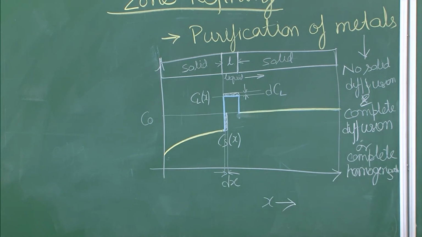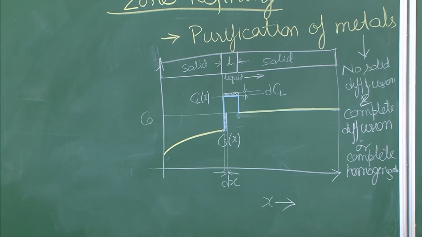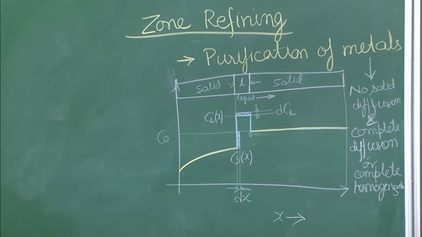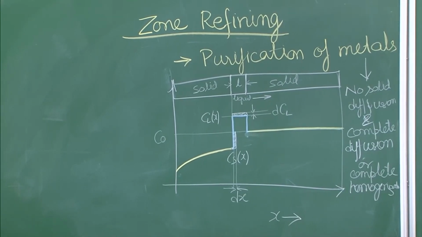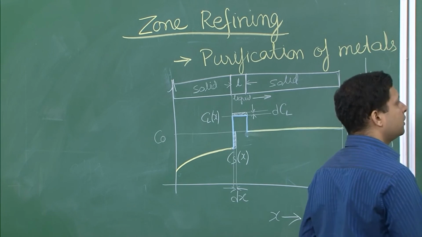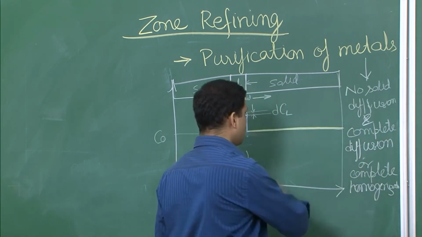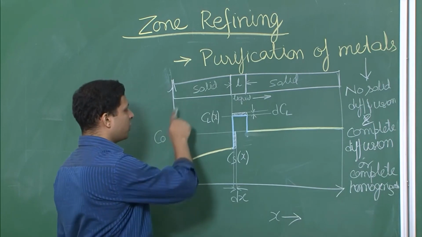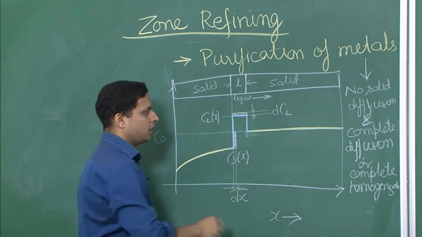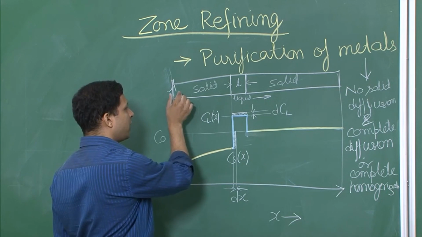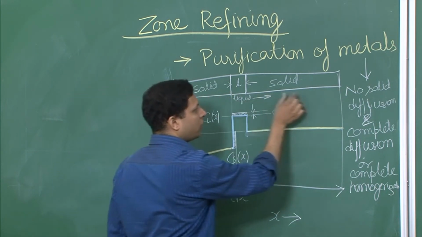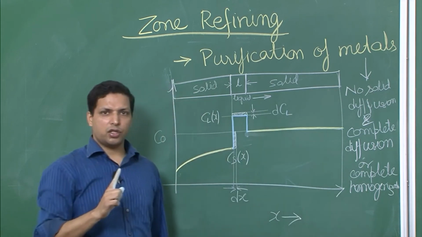When we set up this equation, we will be able to find a relation for the solid concentration after one pass. Remember, we are still looking only at one pass. Here the original concentration was C0, and we are doing one pass of refinement. This is going from over here to over here, the solid has been liquefied from here, and this is moving all the way up to here, and that constitutes one pass.